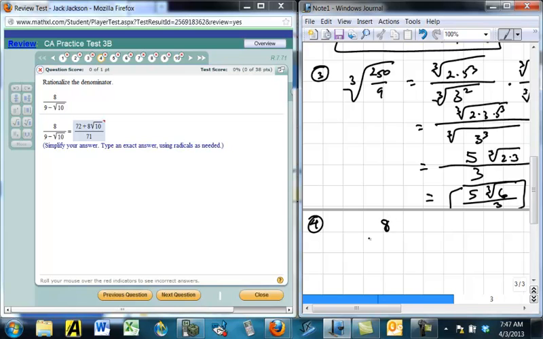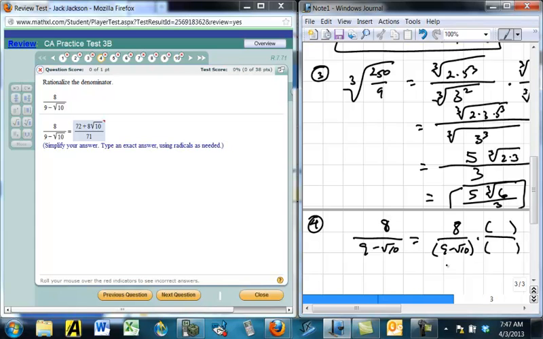More manipulating expressions here. So 8 over 9 minus square root of 10. This technique that we used in number 3, when we have a single radical, we could multiply the same technique like this. Here again, we're going to multiply top and bottom by the same thing, but we use a different technique.